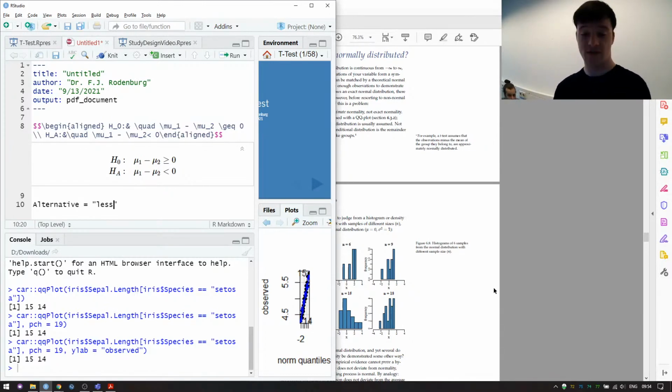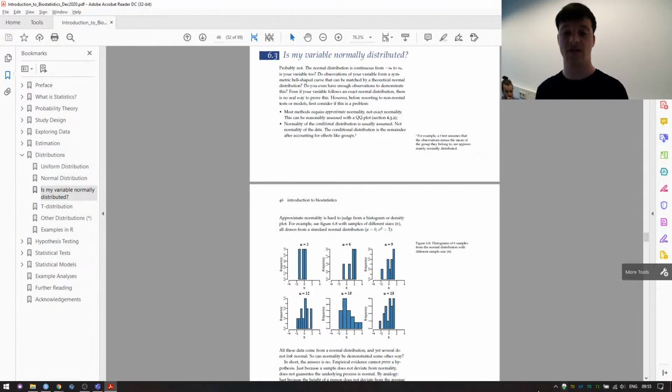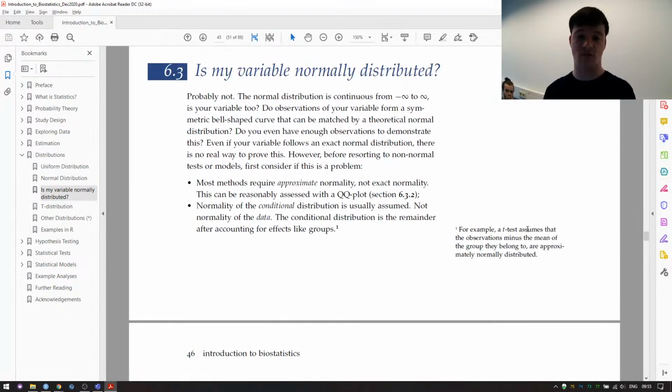Are there other questions? There was another question in the break, whether you can just test whether your data is normally distributed. That's actually a good question. It's a bit of a problem.